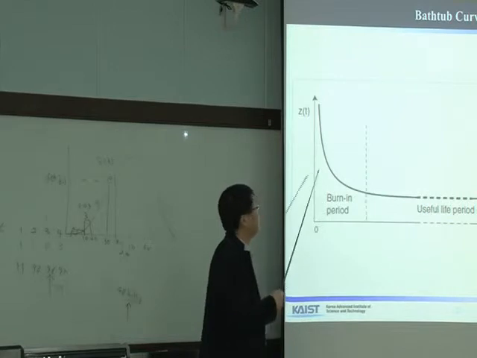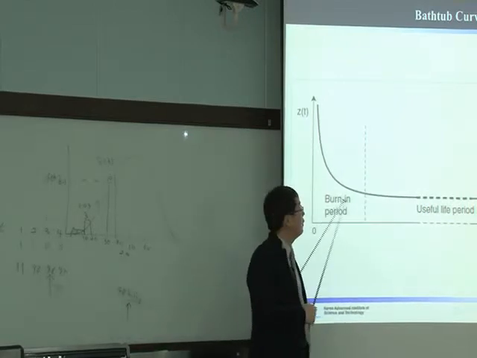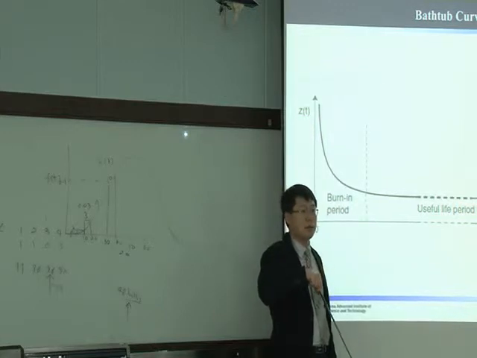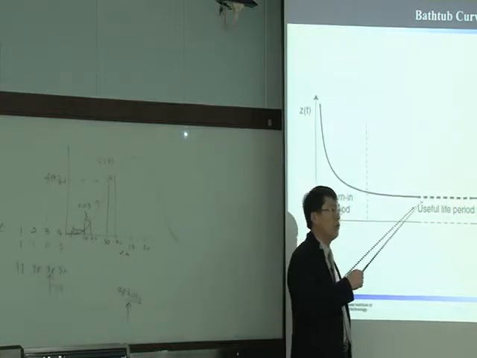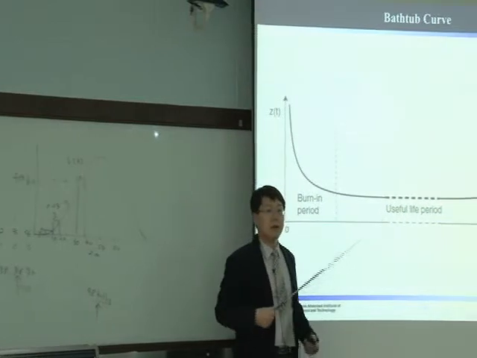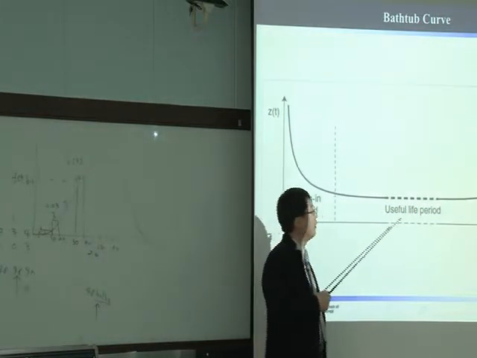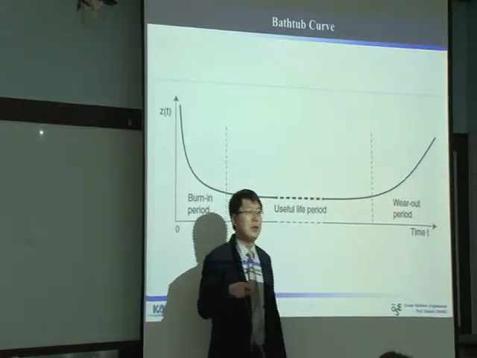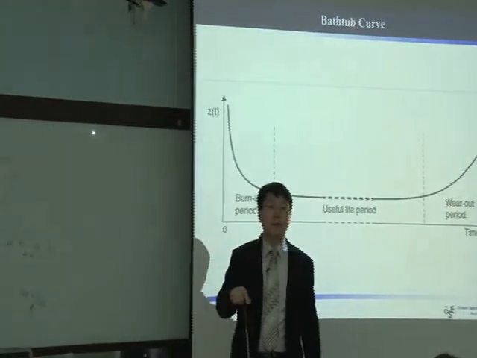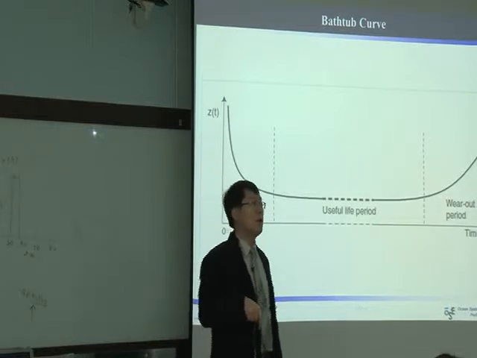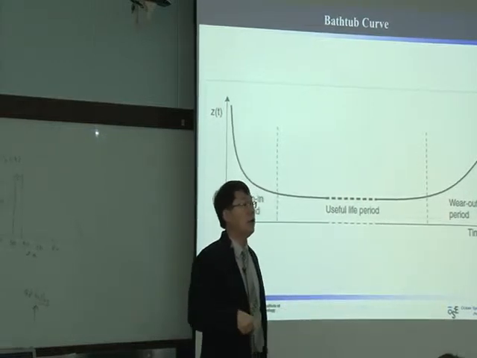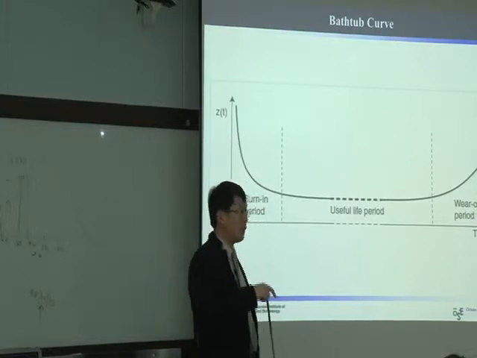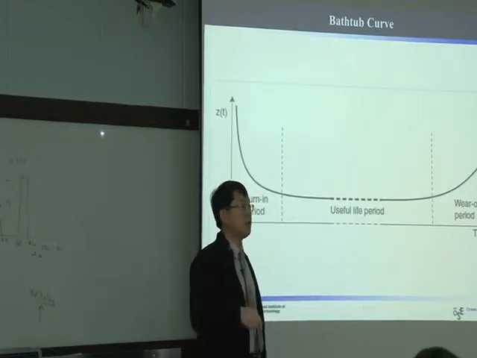So the death rate is relatively high. Then the death rate decreases because we are healthy, even in middle age. Then the death rate started to increase because senior people are losing their strength and immunity. So the death rate tries to increase.